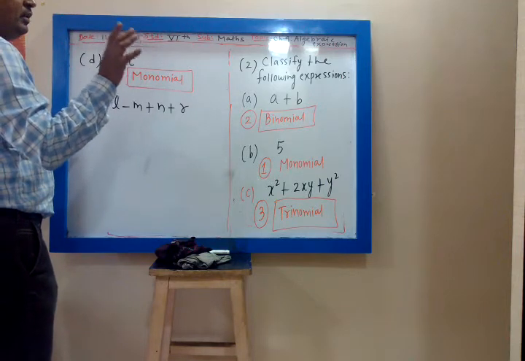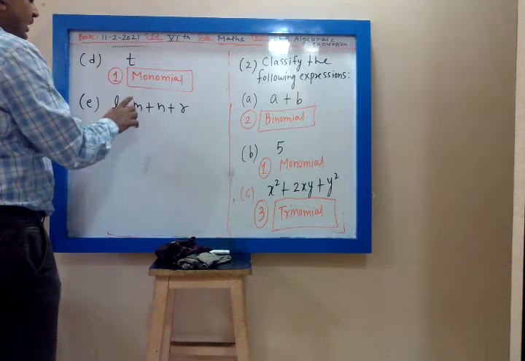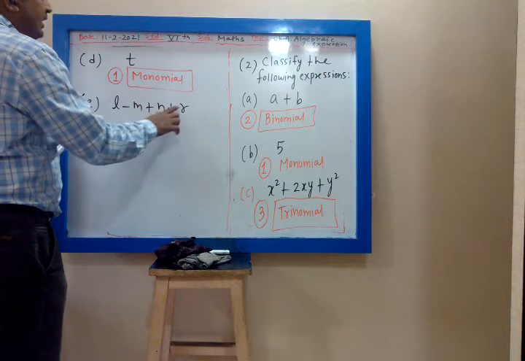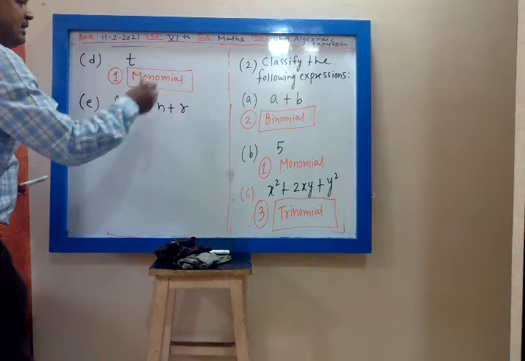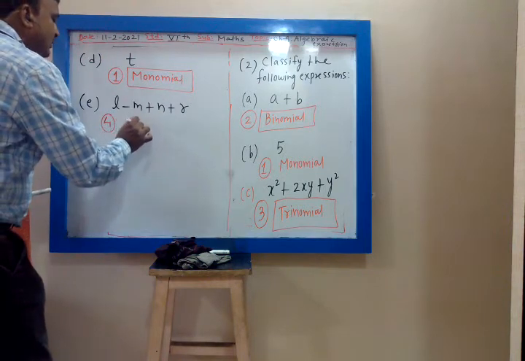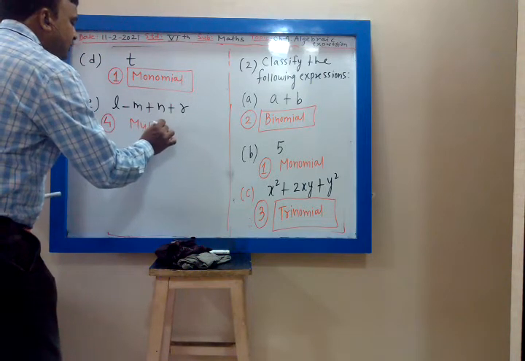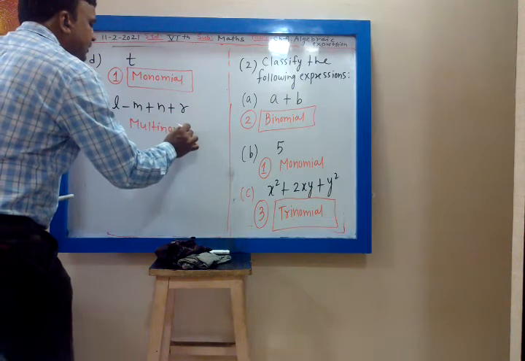L minus M, N and R. So it is multinomial. More than 3 terms means multinomial.